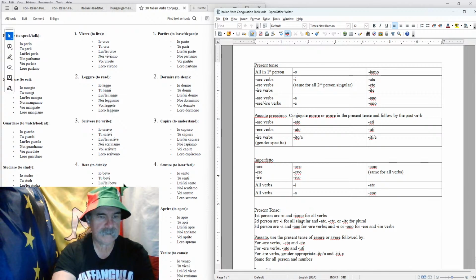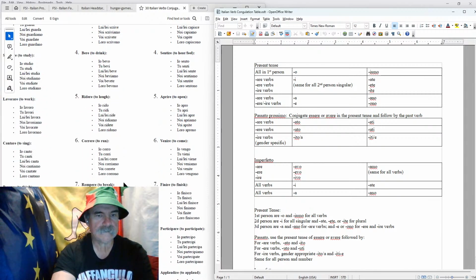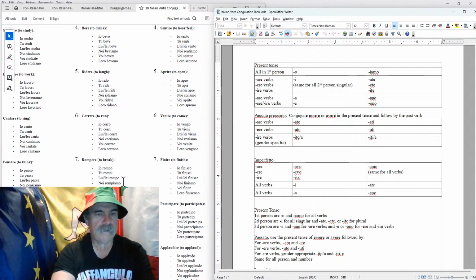Barry's probably not a good one to use. Core is. Ieri non ho corrutto. Or would you use essere because it's a motion verb?